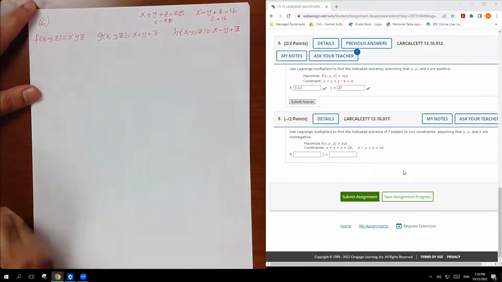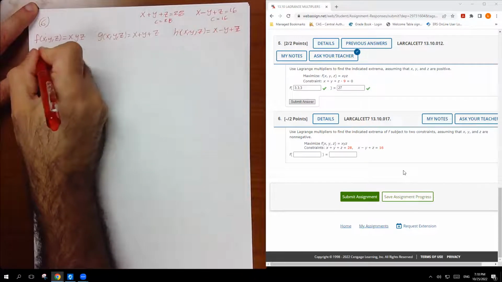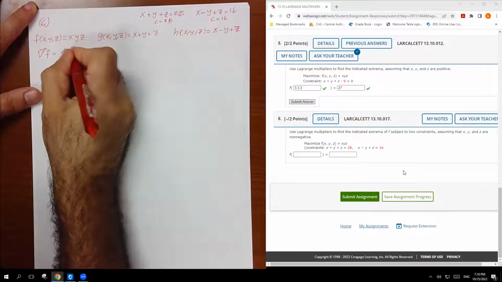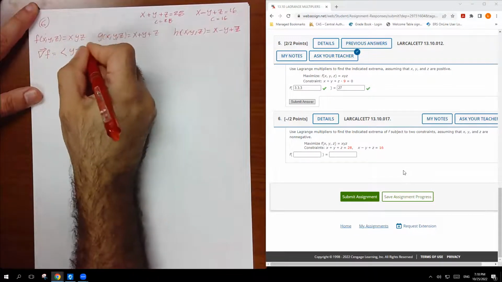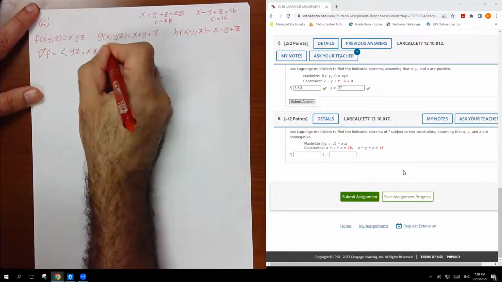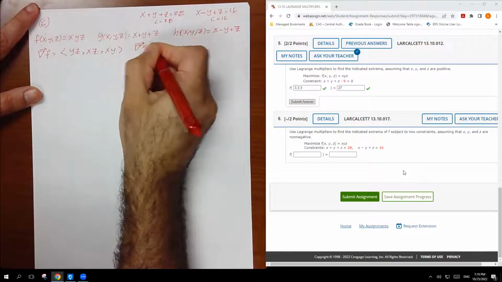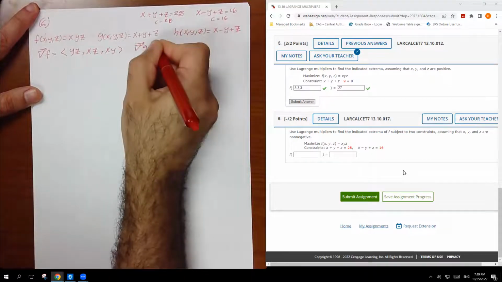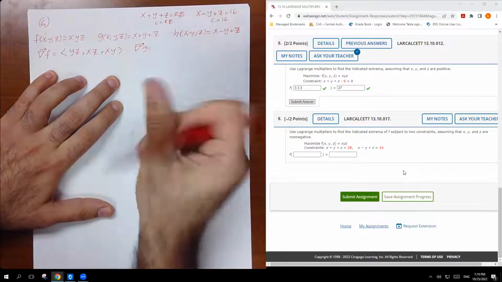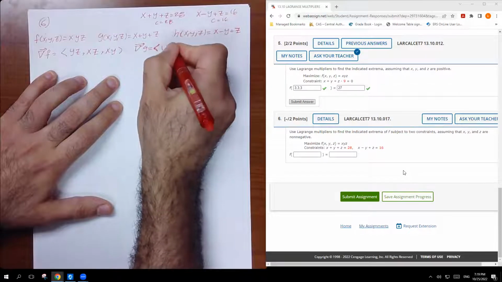So here are the 3 equations. I'm going to find the gradient for the x, for the y, and for the z. The gradient for f is going to be yz for the x, xz for the y, and xy for the z. The gradient for g is going to be 1 for the x, 1 for the y, 1 for the z.